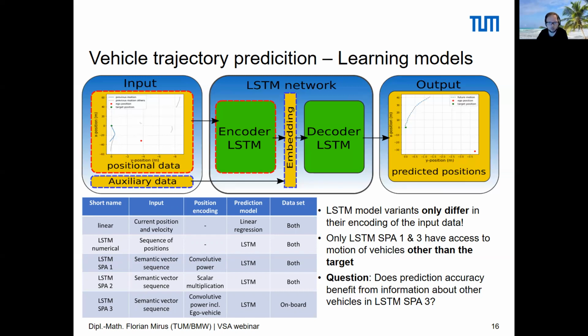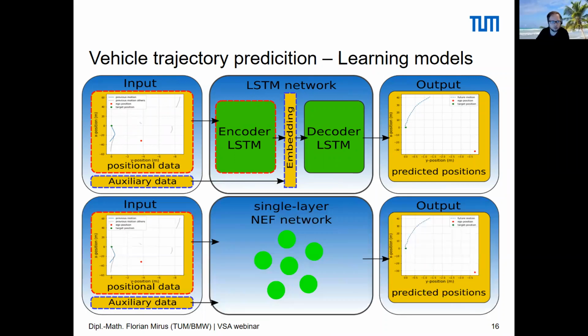This is to answer the question if the prediction accuracy of the models benefits from this information and from the encoding in this vector representation. And here you can see that these models only differ in the encoding of the input data.